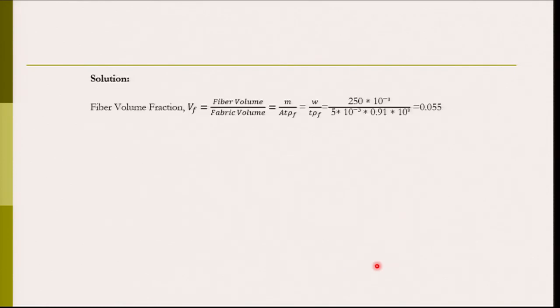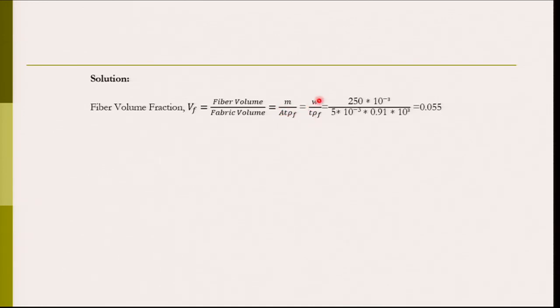So, the solution is, first we are supposed to calculate the fiber volume fraction. We know the basic formula of fiber volume fraction, which is defined as fiber volume to the fabric volume, and the fiber volume is mass upon density and the fabric volume is area into thickness.